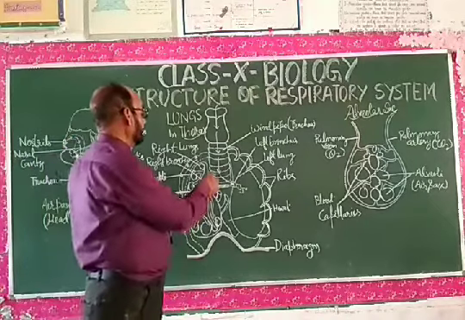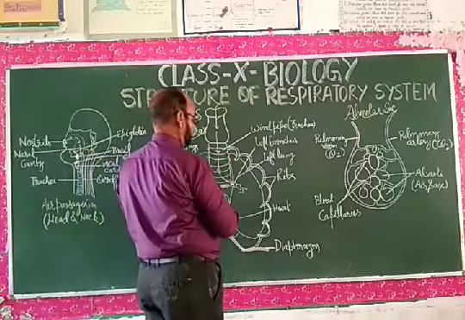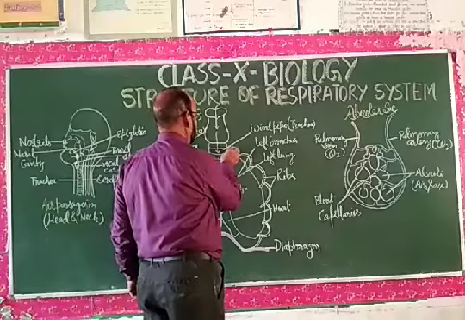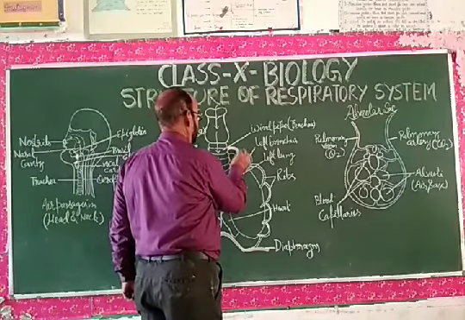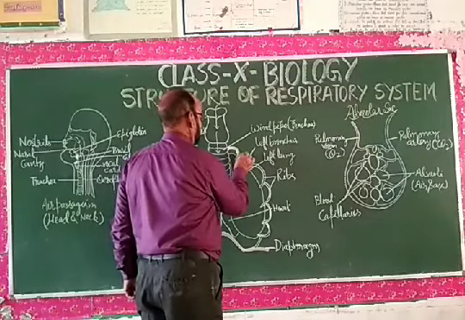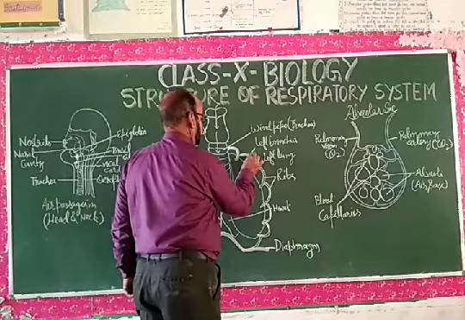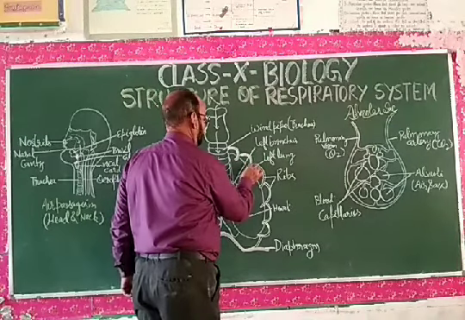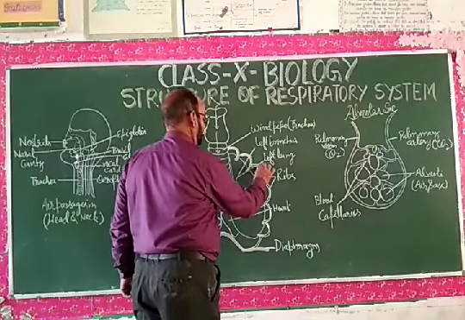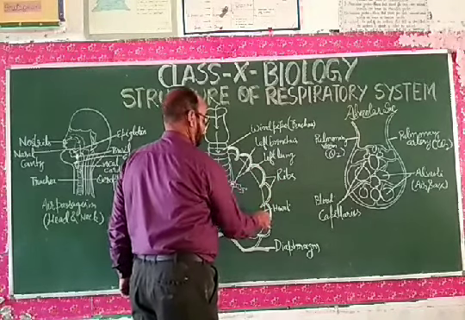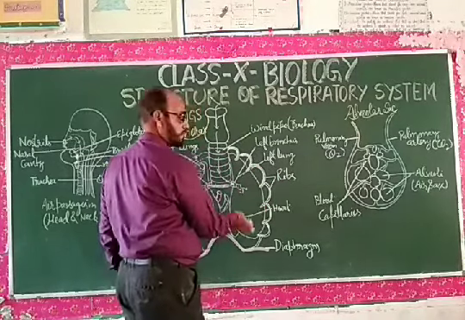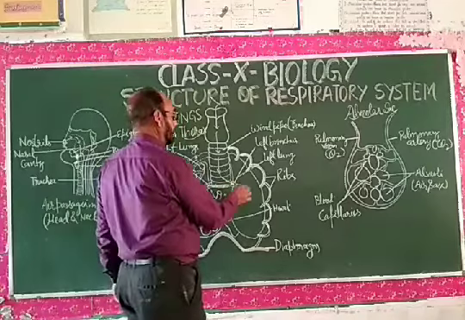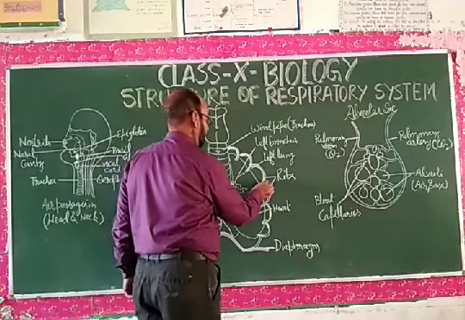Here you are looking at the rib cage. This rib cage is for the protection of the thoracic region, which has the heart just behind the lungs, so it has the heart and lungs.